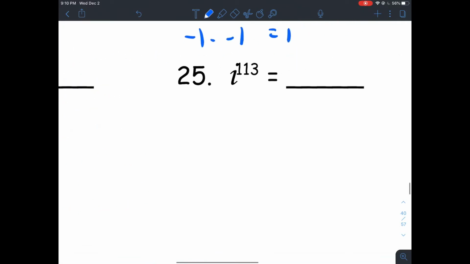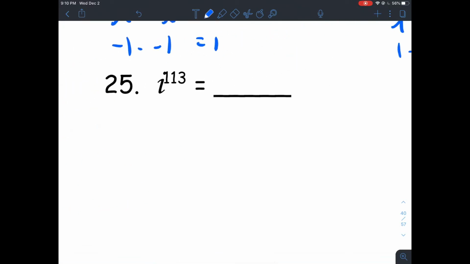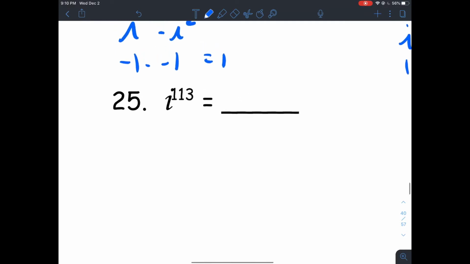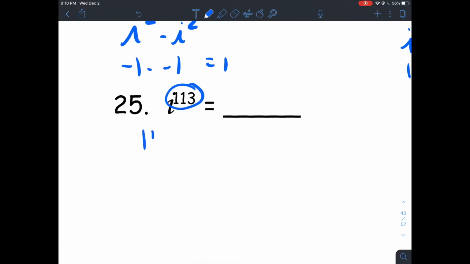All right. We'll go ahead and try this next one. You have 113. So what we can do here is figure out how many times I can fit a 4 into 113. Honestly, one way you can do this when these numbers get really high, what I recommend doing is taking this number and dividing it by 4.